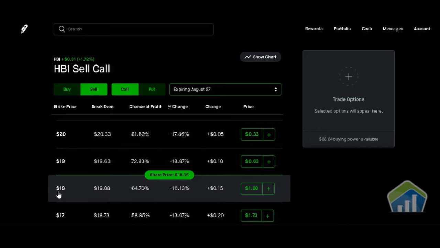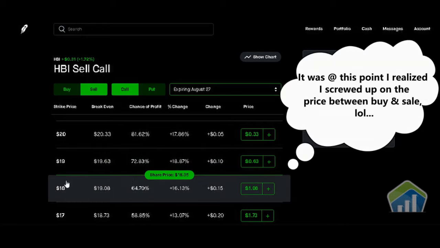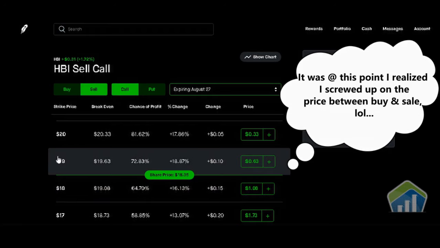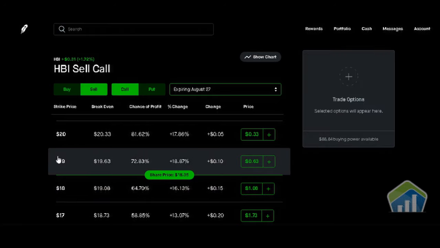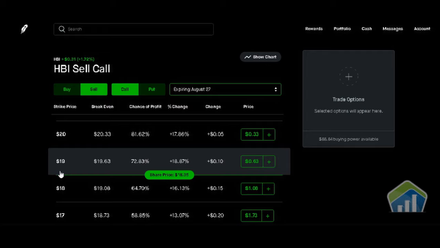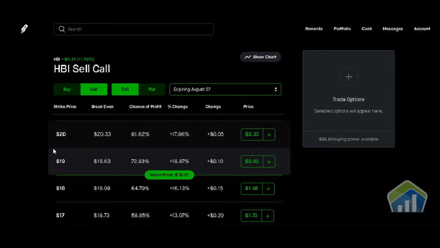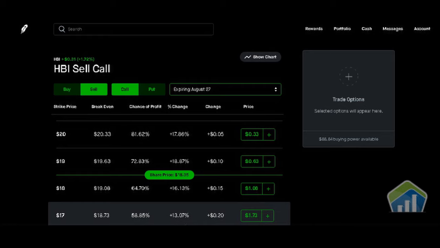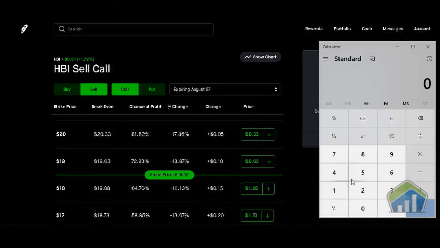And remember, between $18.35 that you bought at and that price, I think we got the numbers a little jacked, but you know, it's going to be a nice amount of money, right? We'll do the math really quick. So the difference between 19 minus 18.35 is 65 cents.